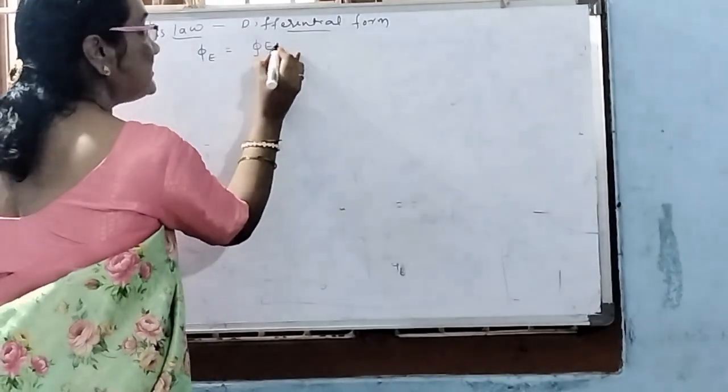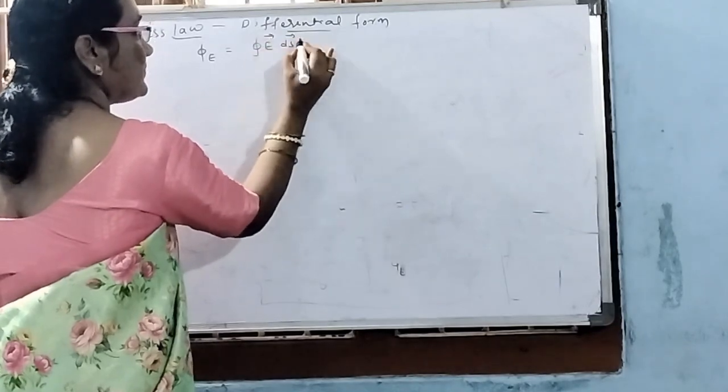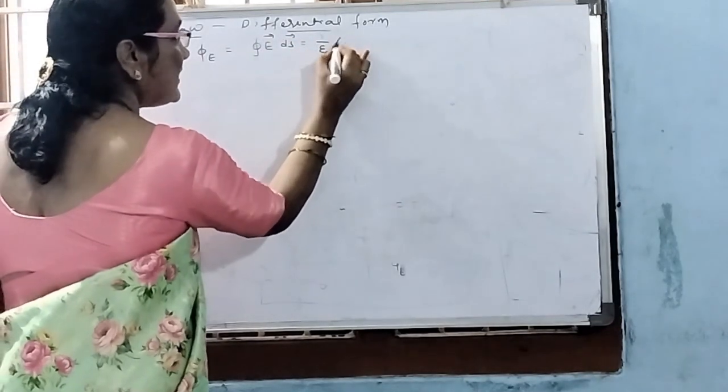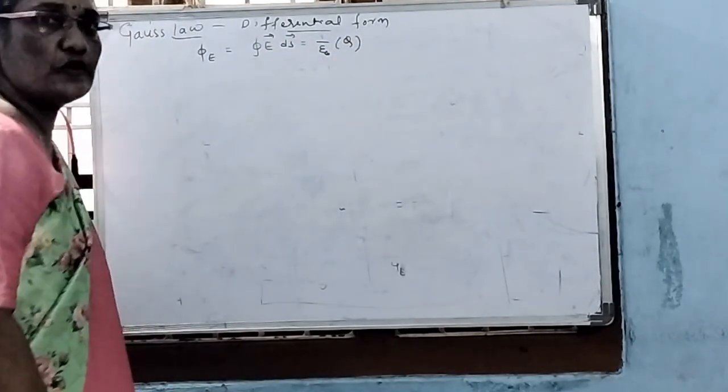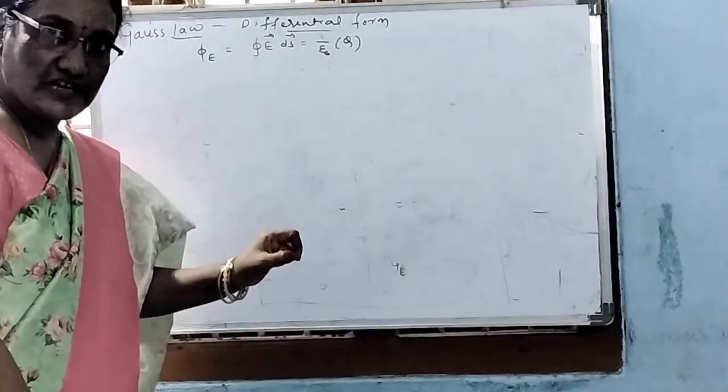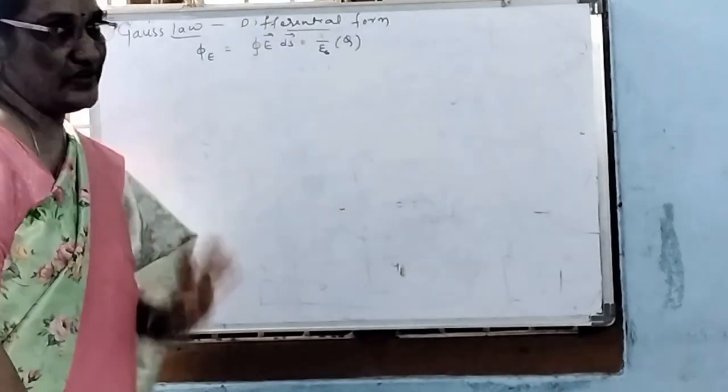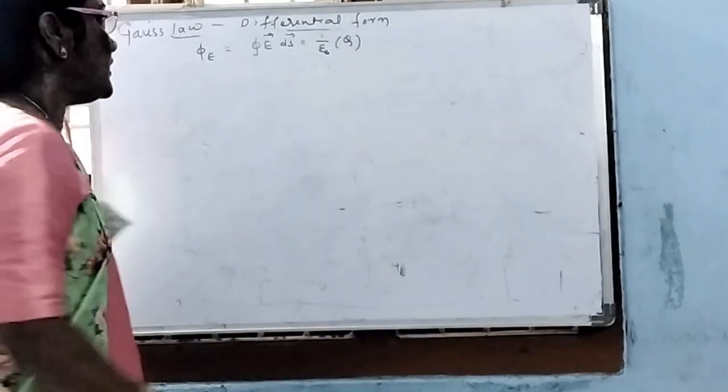What is phi e? Integral E dot ds. This is nothing but 1 by epsilon naught times the total charge enclosed within the closed surface placed in an electric field.